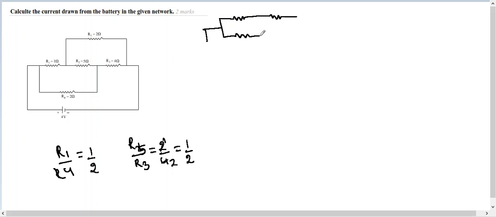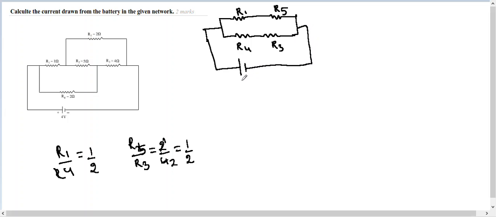Now what will happen is that the resistances R1 and R5 will be connected in series, and R4 and R3 are connected in series, and then they are applied in parallel across the voltage of 4 volts.